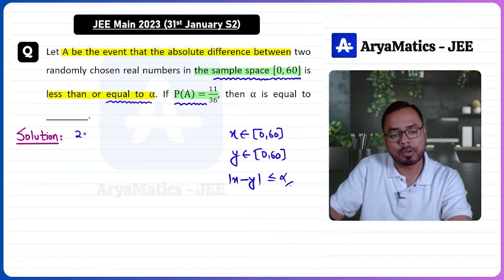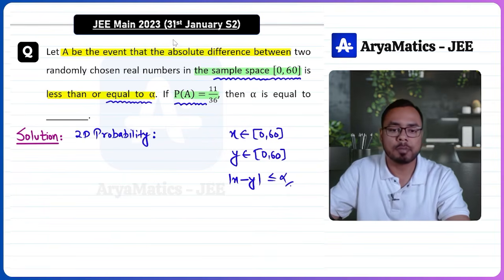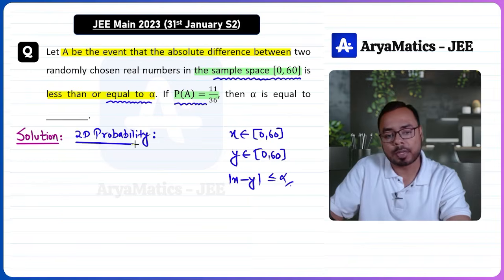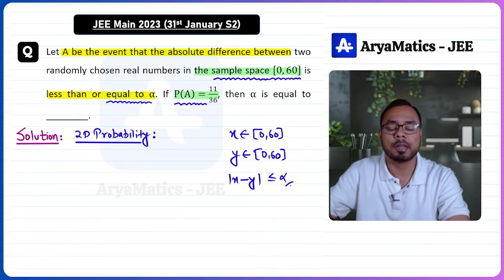Now this is a question on 2D probability. Right? There are two variables x and y, and they can take any value from 0 to 60. So first let us plot the sample space here, and then we'll see what the favorable region is in that.